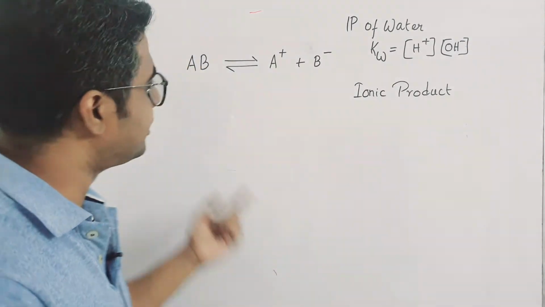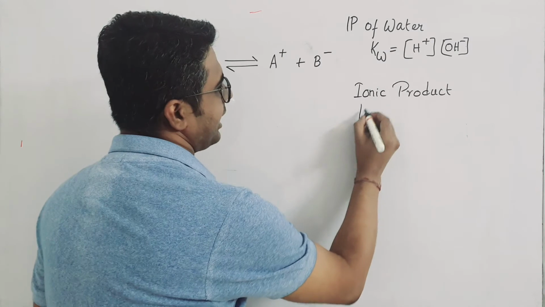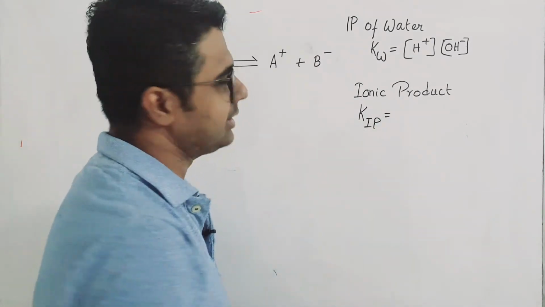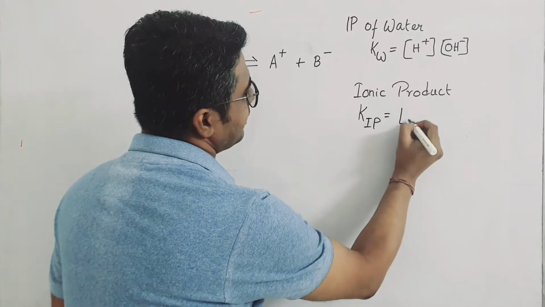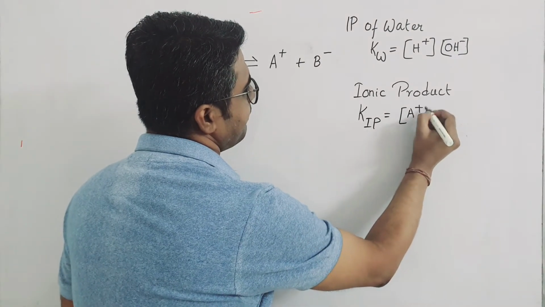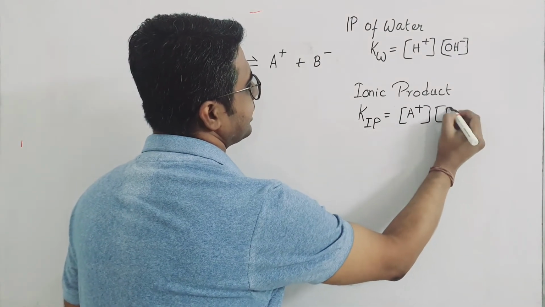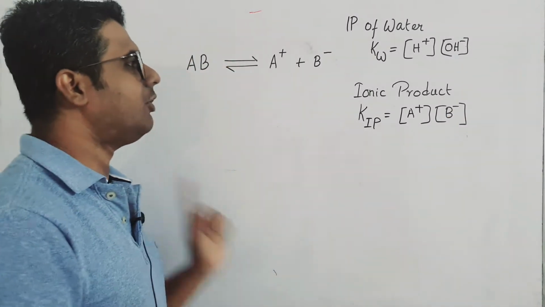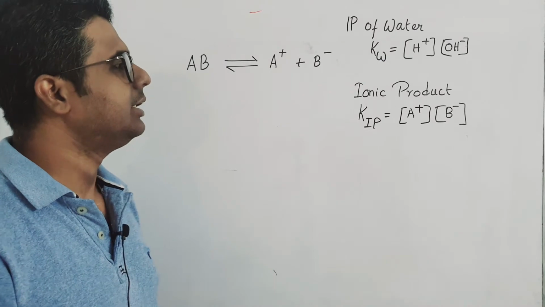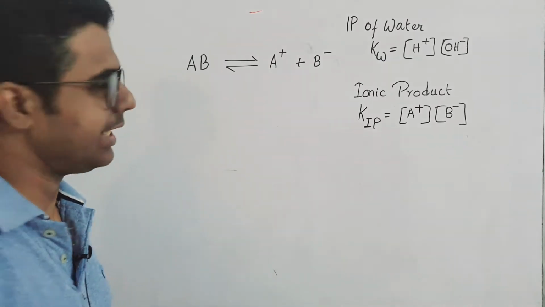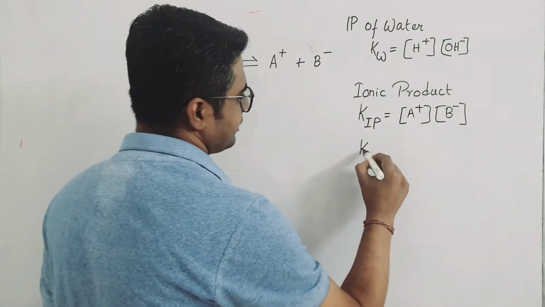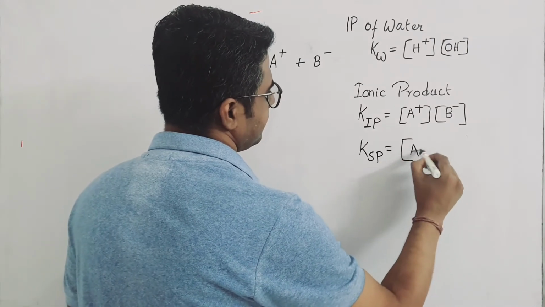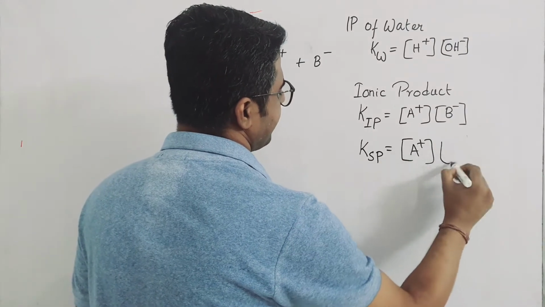I am denoting ionic product by KIP for simplicity, and KIP will be the concentration of A plus times B minus, right? Remember we have studied the same kind of expression for Ksp, the solubility product, which was also A plus times B minus.